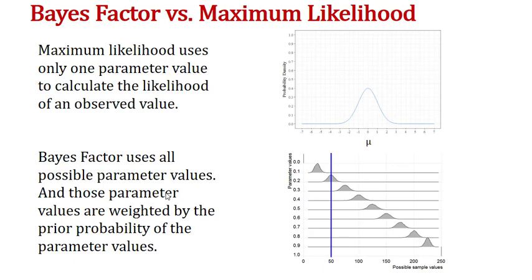That means that we cannot use just the best parameter value to calculate the likelihood of the model. We have to use all the possible values, and those values are going to be weighted by the probability that we assign with the prior.